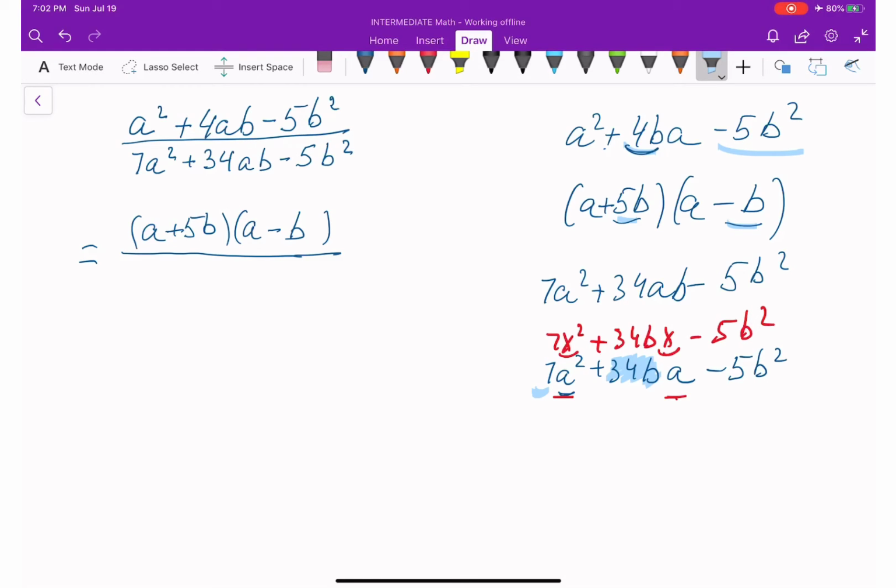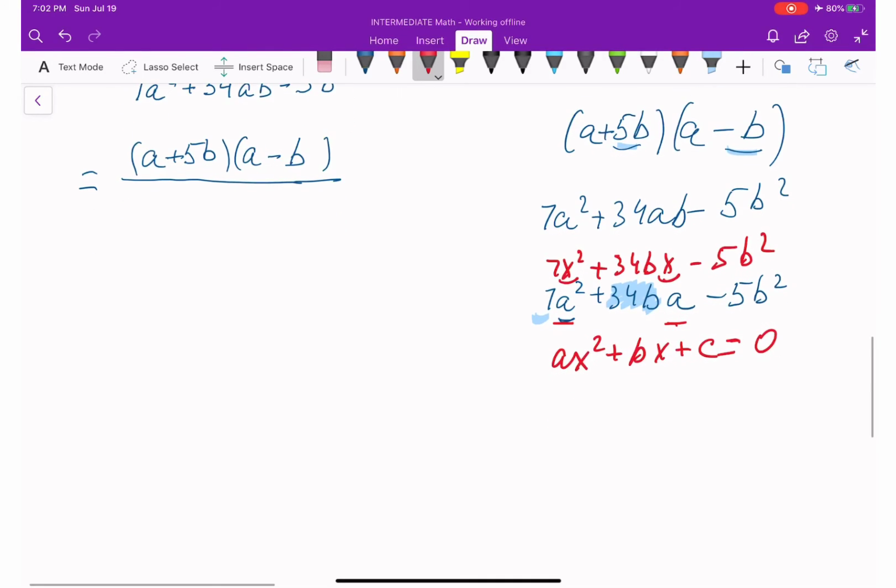Therefore, there is no common factor, and we have to apply the formula ax squared plus bx plus c. And therefore, we need to assign equals 0. We need to take it as an equation and solve it. So first of all, we need to take the discriminant, which is equal to b squared minus 4ac. All right, let's do it. Discriminant is equal to b squared.